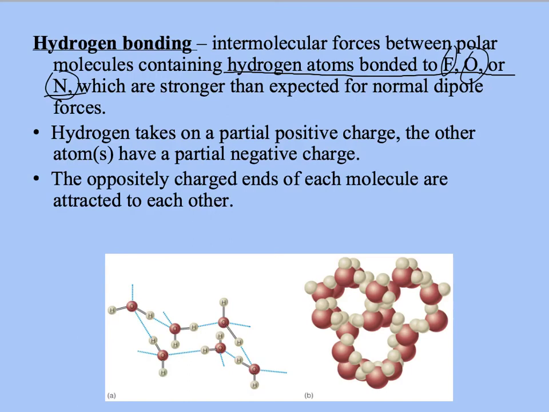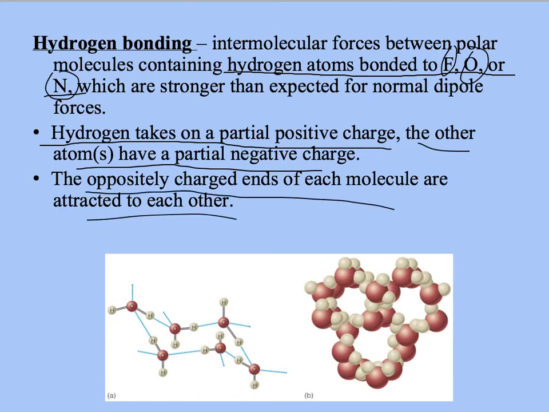So the hydrogen, with the lower electronegativity, is going to take on the partial positive charge. The other atom, either the F, the O, or the N, is going to take on the partial negative, and the oppositely charged ends of each molecule are going to be attracted to each other, just like we saw with the dipole-dipole. A misconception that people sometimes have is that hydrogen bonding is an actual bond to hydrogen.